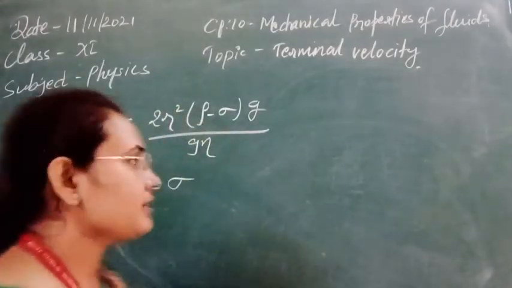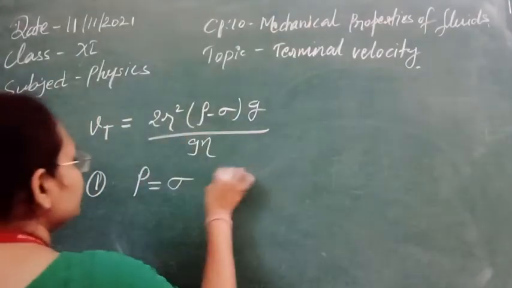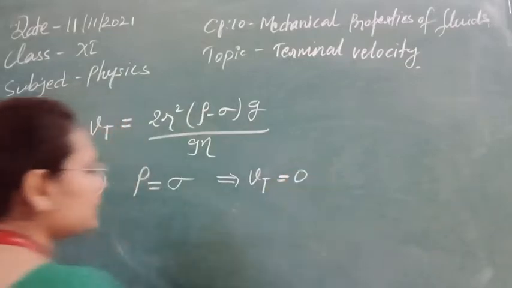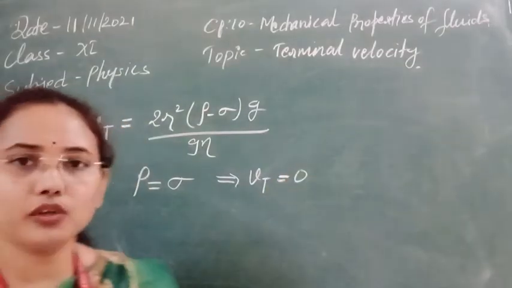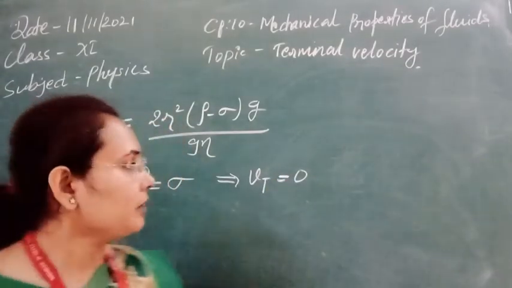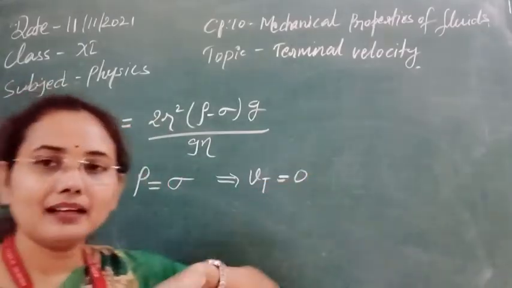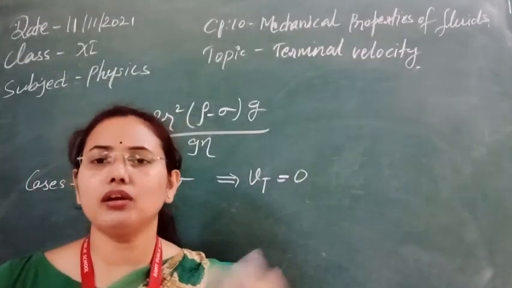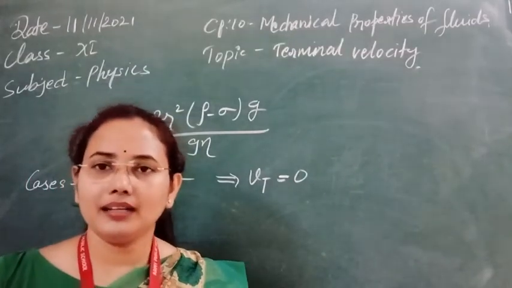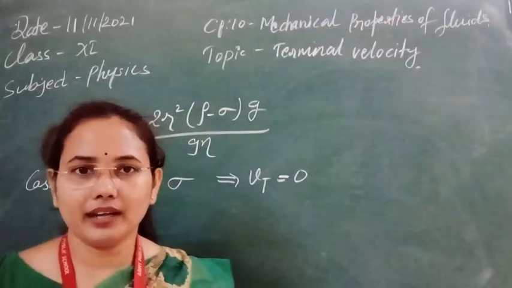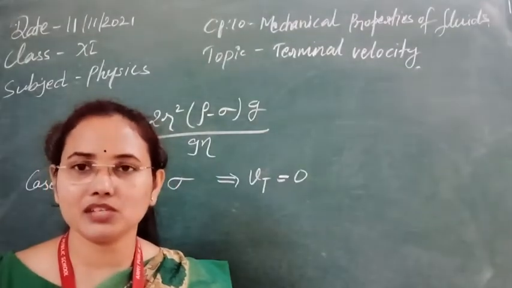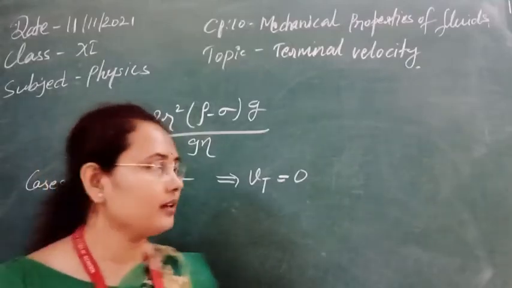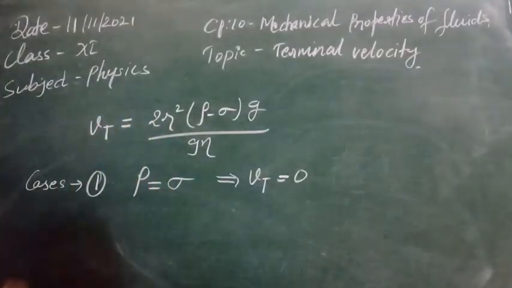If both are equal, then the terminal velocity is 0. After achieving the condition where upward force equals downward force, the body will hang in between the liquid or fluid. It will not move in either upward or downward direction; it will be constant at that place. Whenever acceleration becomes 0, its velocity also becomes 0 at that point. So this is the condition when their densities are equal.